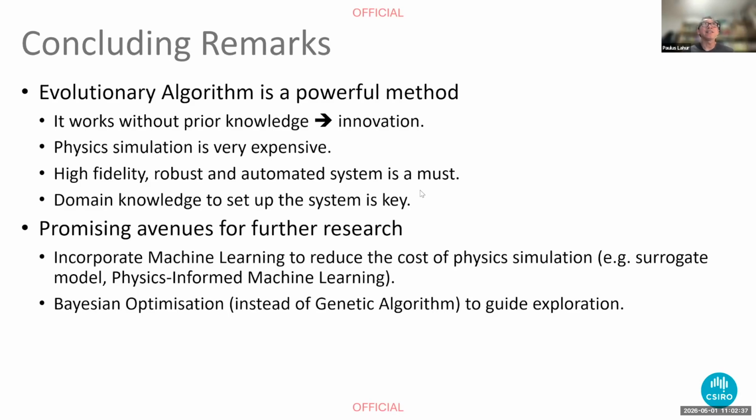The downside is that physics simulation is very expensive, because you need the system to be high fidelity, and the requirement is very high. It needs to be robust, meaning it has to be forgiving to any sort of crazy geometry that we throw at it, and you need to build a system to deal with that. And it needs to be fully automated. So domain knowledge to set up the system is really key.